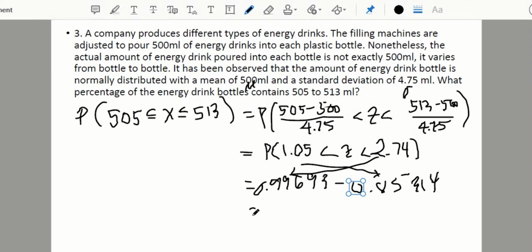0.85314. So you subtract 0.99693 minus 0.85314. So we have 0.14379. I will just write the 5 decimal answer.